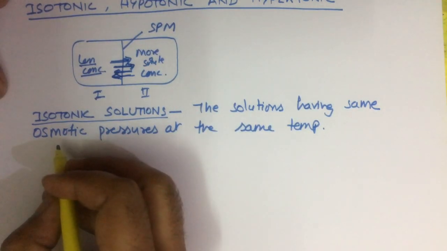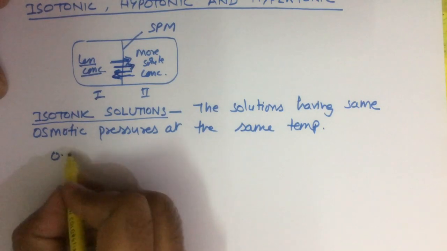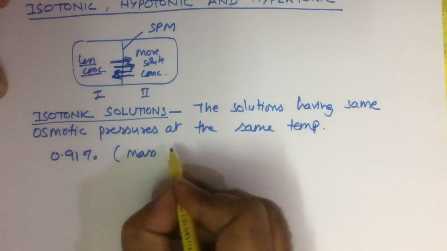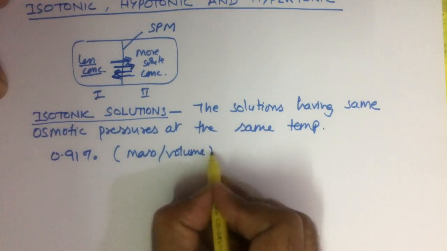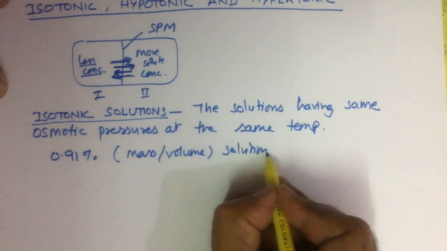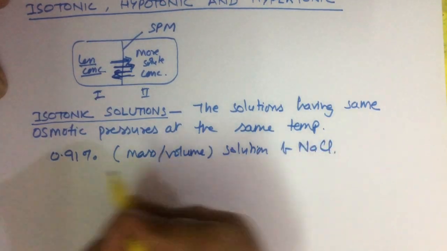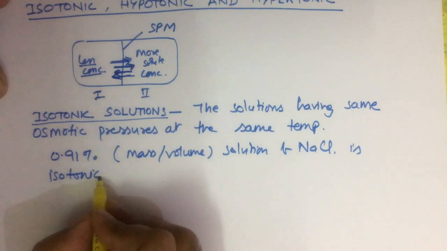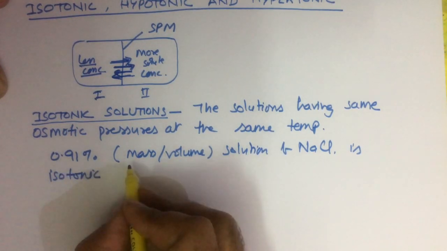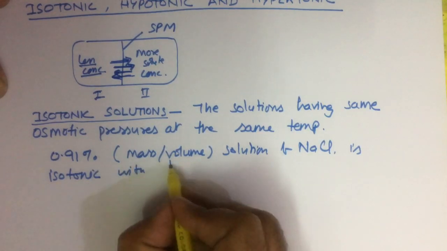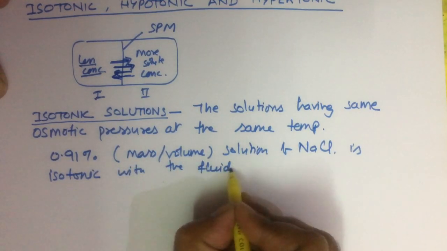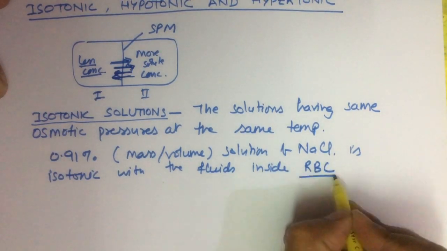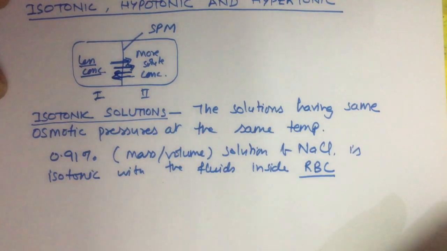We can explain it with the example of saline. Now, a 0.91% mass by volume solution of NaCl is isotonic with the fluids inside the body cells, for example RBCs, red blood corpuscles.